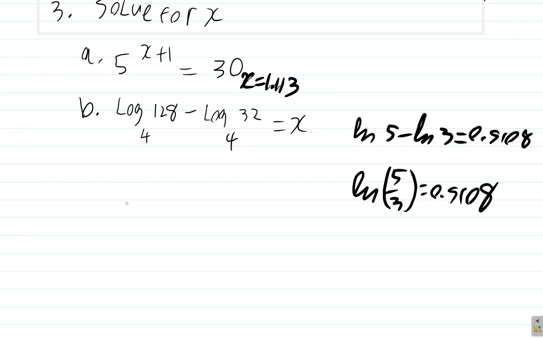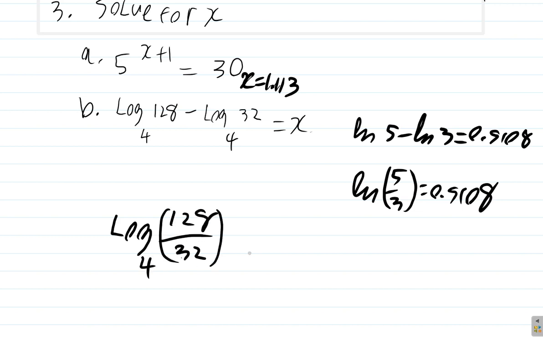So here now, the base that we're using is base 4. So this should be the log of 128 over 32 when the base is 4, and that is equal to x.